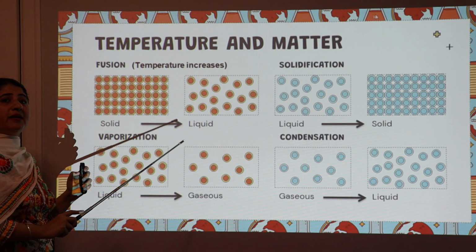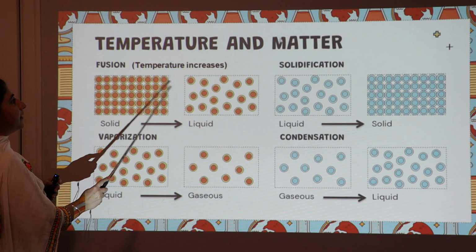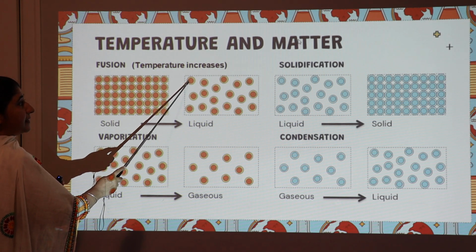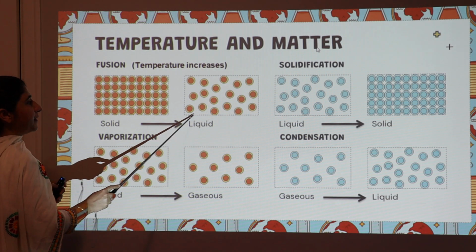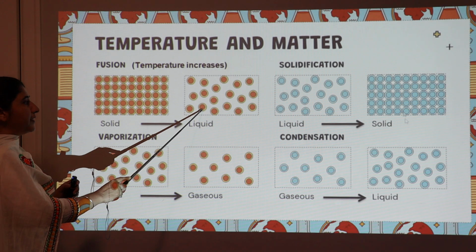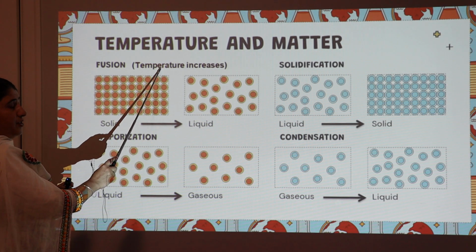After absorbing energy, the kinetic energy of these particles increases, and they move far away from one another. As a result, the ordered arrangement of particles decreases, means the particles are present in the liquid state. So that is why this conversion takes place on increasing the temperature.